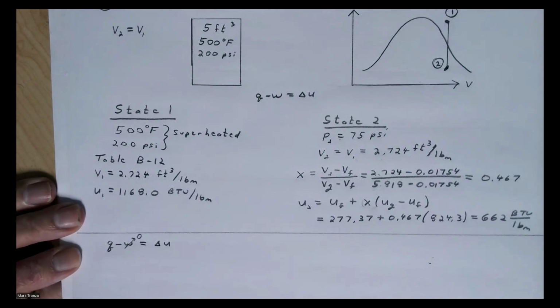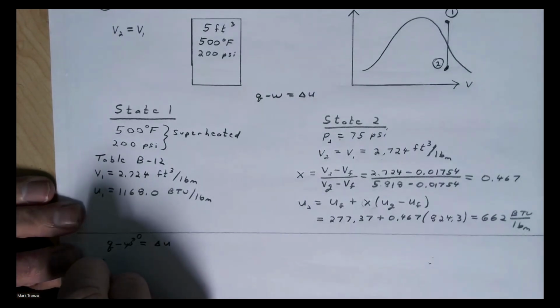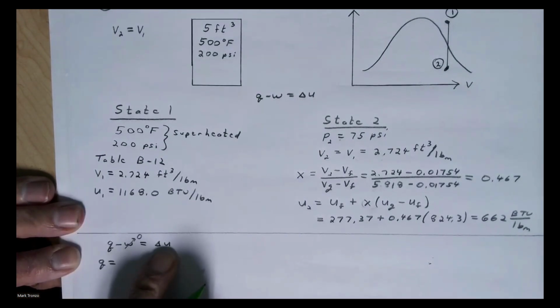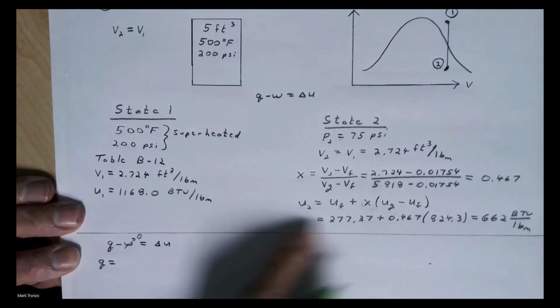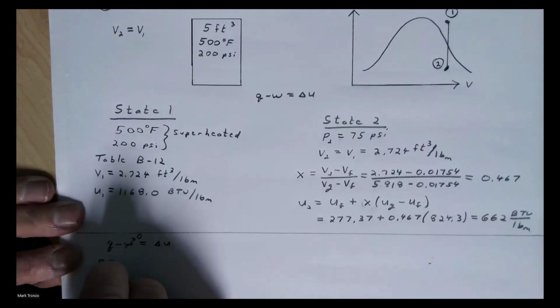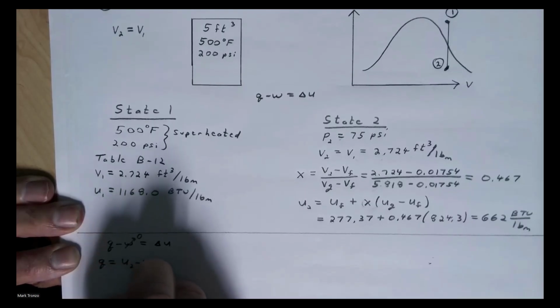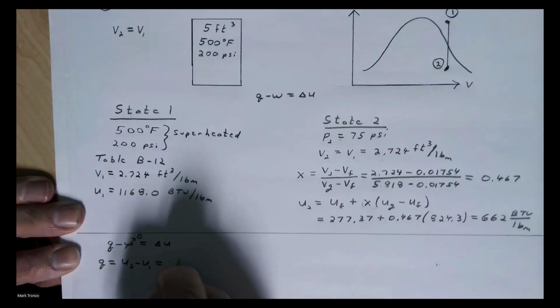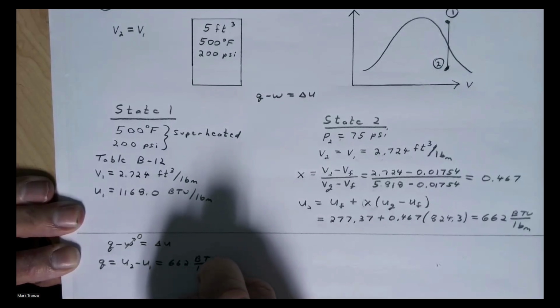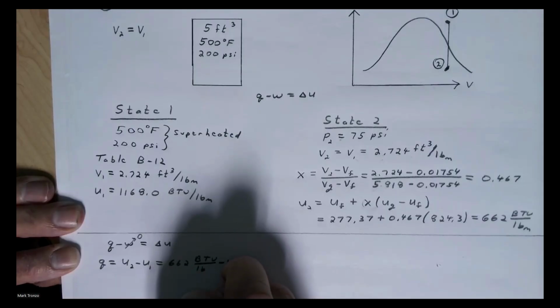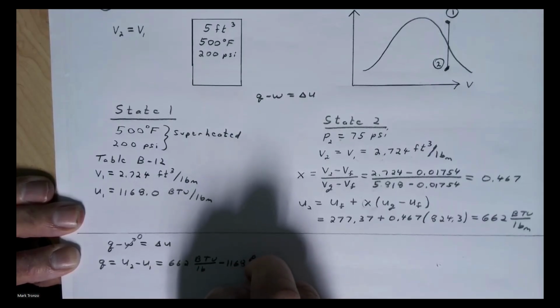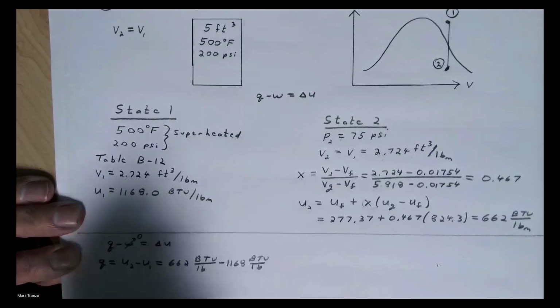So our Q then is going to be our difference in U, which is going to be U2 minus U1, which is going to be our 662 BTUs per pound, minus our 1168 BTUs per pound.